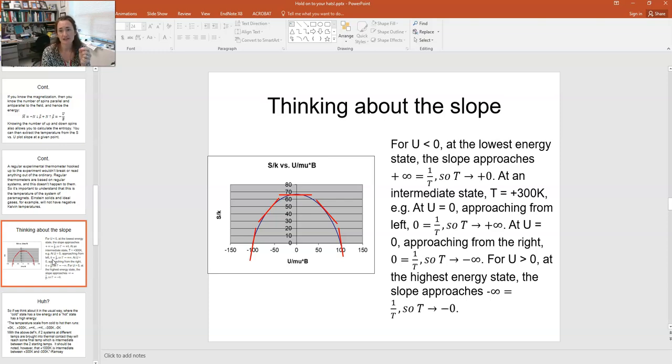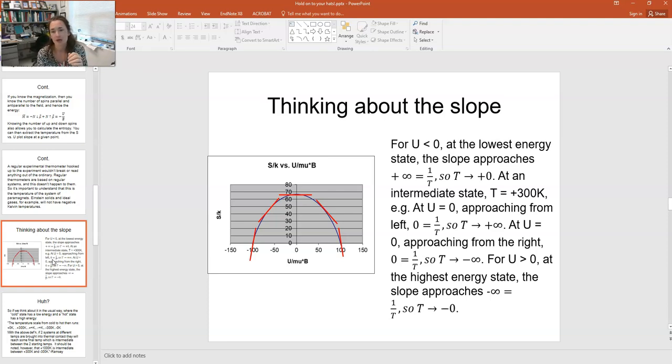if you look at the lowest possible energy state, this was just for a collection of 100 dipoles. If you increase to a normal, regular number of dipoles, a huge number like 10 to the 23rd dipoles, then that slope on the far left-hand side of the plot would get steeper and steeper. It's approaching straight up and down, which would approach a slope of positive infinity.